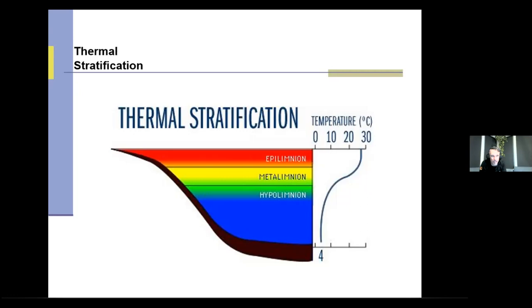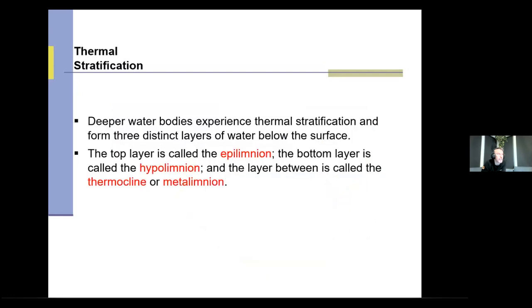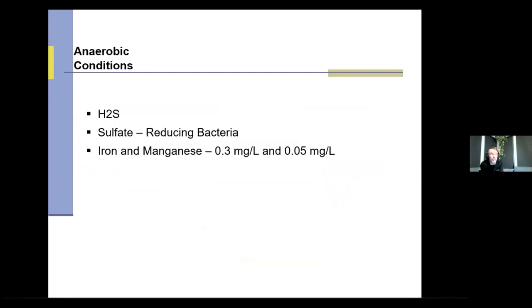Unfortunately, this is where you can get taste and odor issues, because when you have reduction of oxygen at the bottom, as we saw over here, it can reduce sulfates and make that H2S gas, and iron and manganese come out of solution.